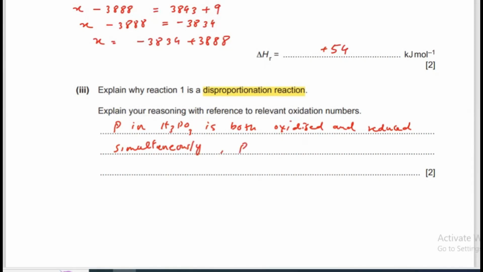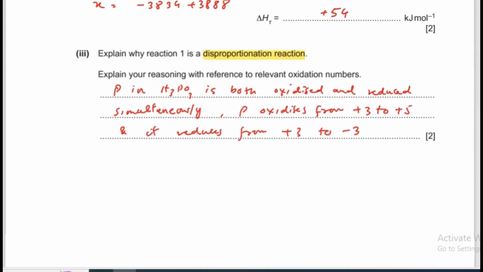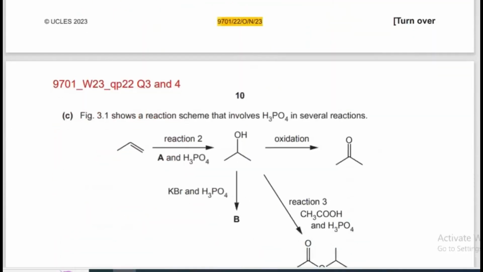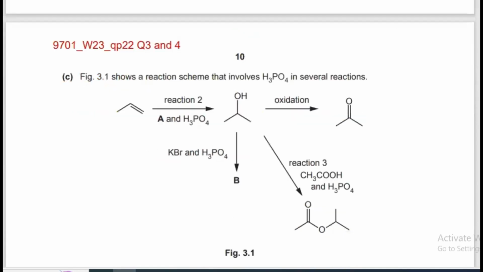I mean, phosphorus oxidizes from +3 to +5 oxidation state, and it reduces from +3 to -3. Because the same element is both oxidized and reduced, that's why this is a disproportionation reaction. The oxidation states of the other elements are constant.